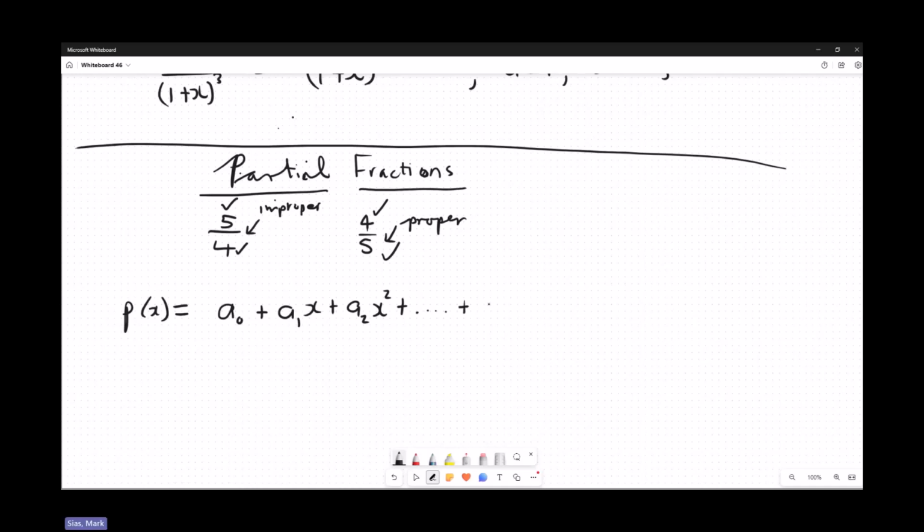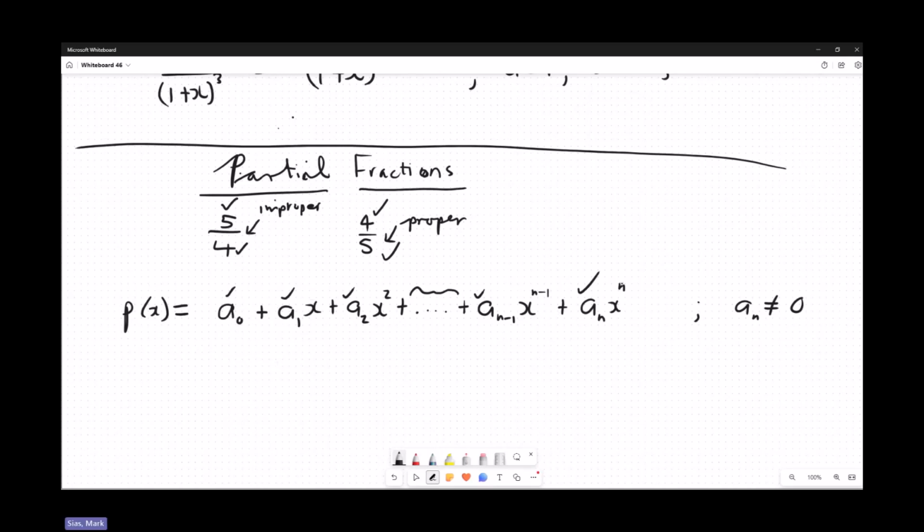Plus, then I go on, a n minus 1 x to the n minus 1 plus a n x to the n. And here we assume that a n cannot be equal to 0. The a naughts that you see, a1, a2, a n minus 1, of course with some terms missing in between, and this a n, we call them constant coefficients. They're called constants. Of course, this is a polynomial in x.